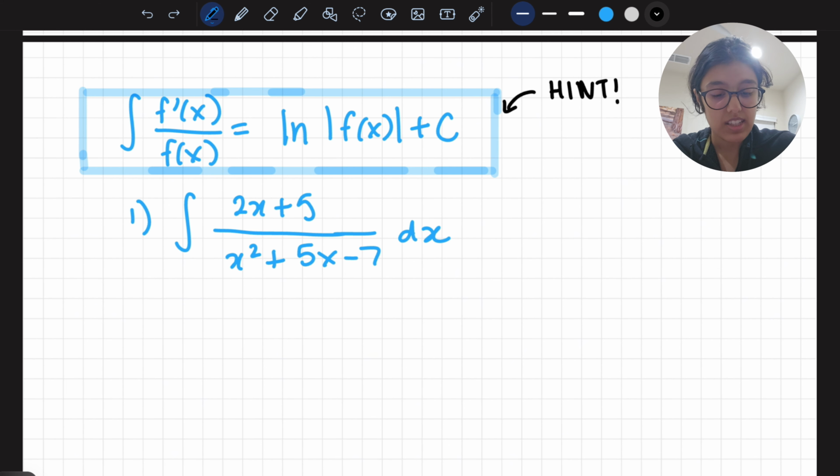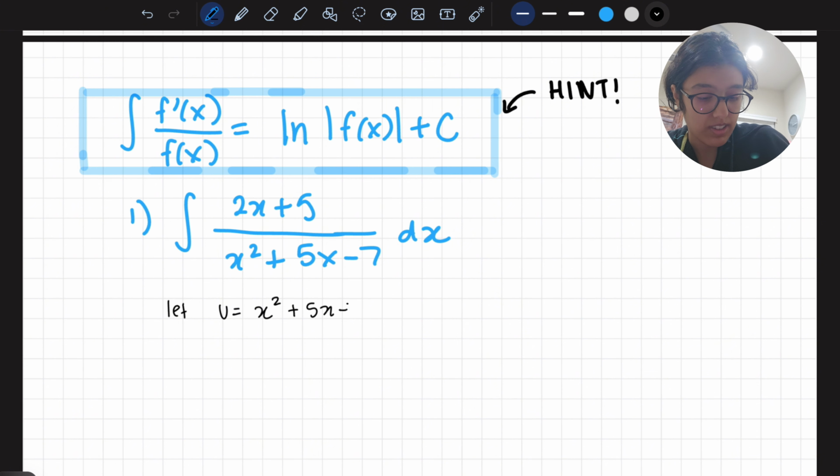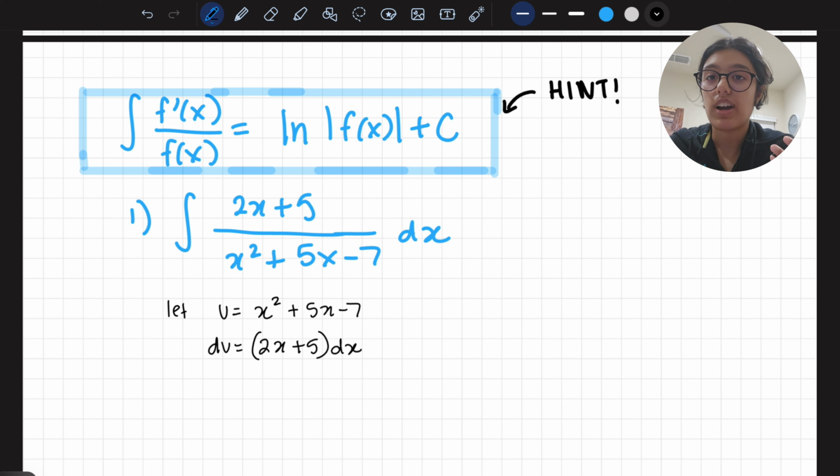In this case, I'm going to set u equal to the denominator, and you will see why in a second. So let u equal the denominator, which is x squared plus 5x minus 7. I'm going to take the derivative of both sides, so that's du equals 2x plus 5 dx. Then I'm going to find the value of dx.